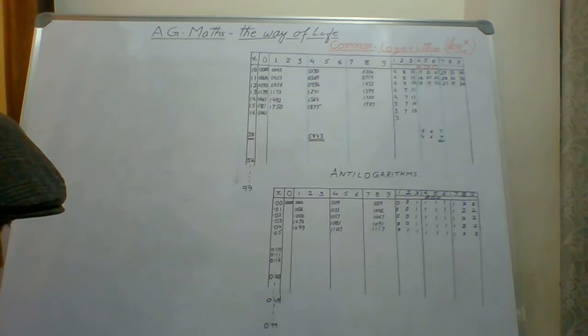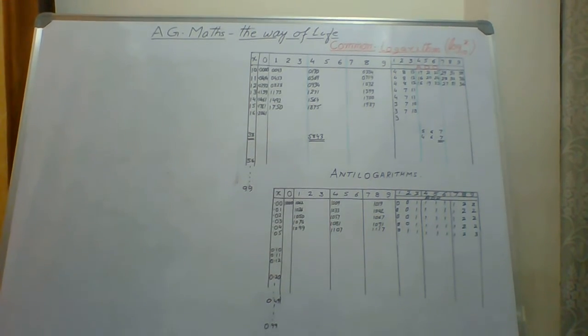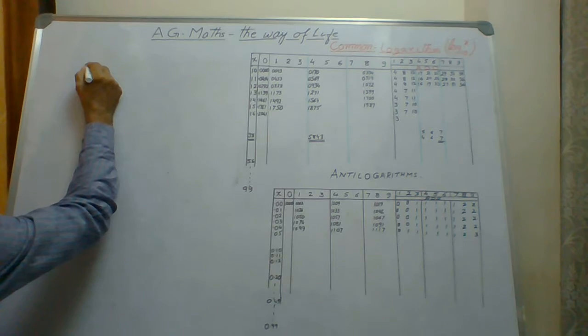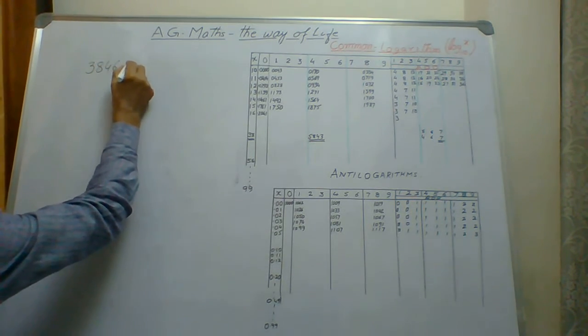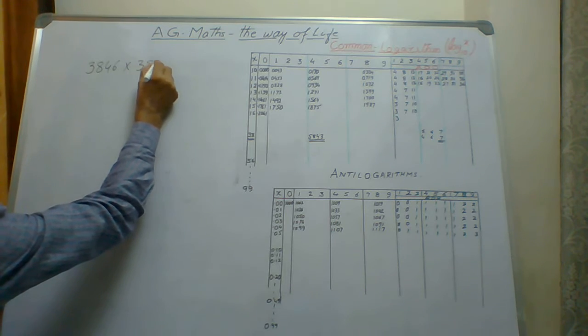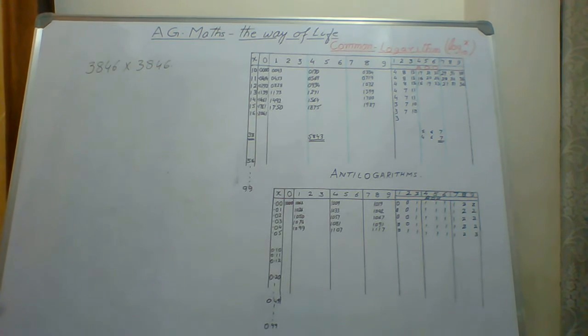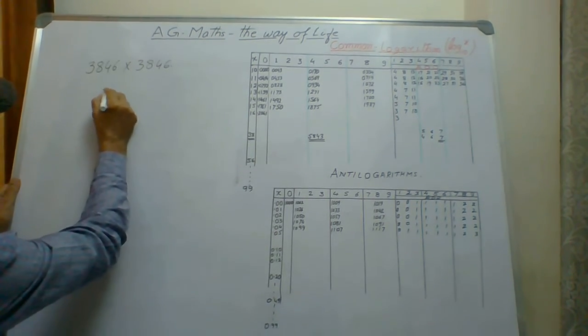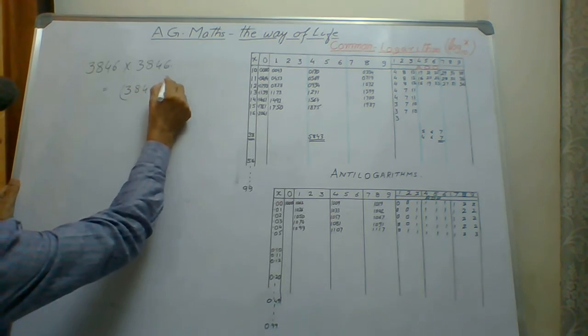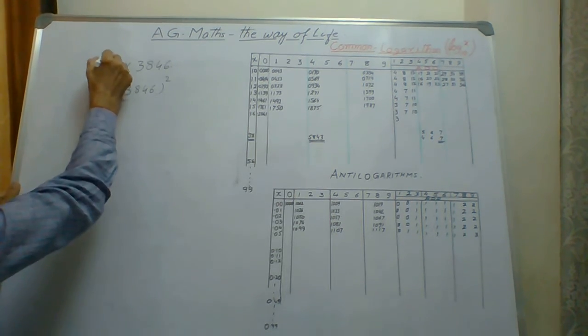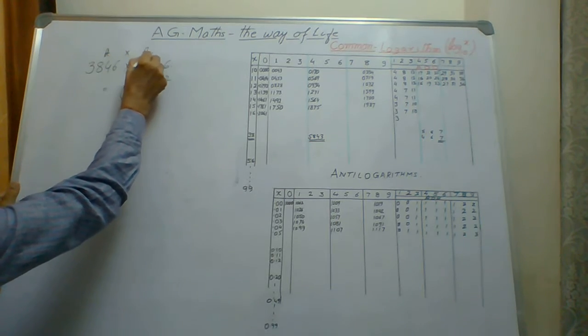When I have to take the log of, say, the number 3846, suppose 3846 is to be multiplied by 3846. These are the two things to be multiplied. Then what I suggested is, either you write this as 3846 raised to the power 2, or you can keep it as it is, as a into b.